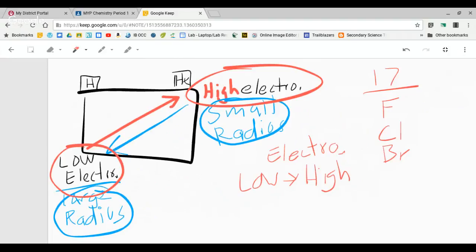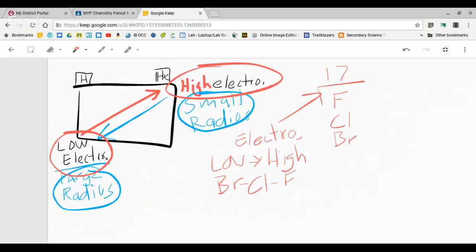You just follow the trend. The trend goes this way. So Br is low, Cl is next, and then F is next. It's the exact opposite for radius, where you go low to high for radius. And that's for radius.